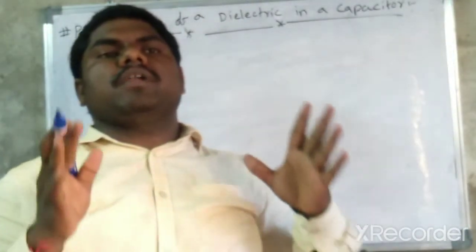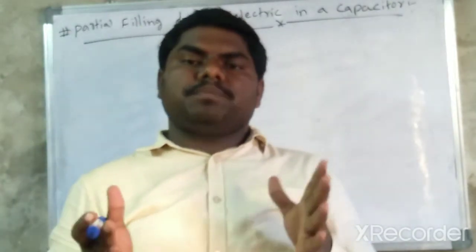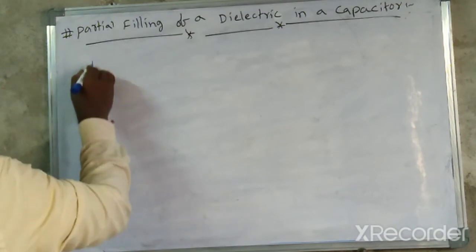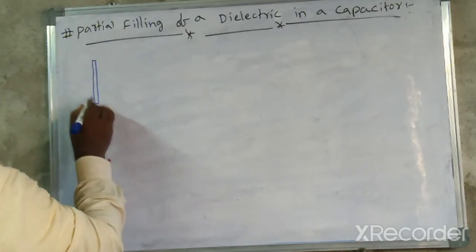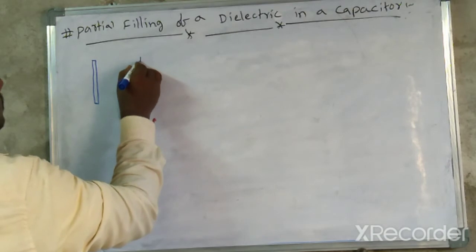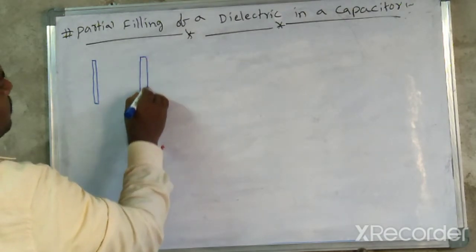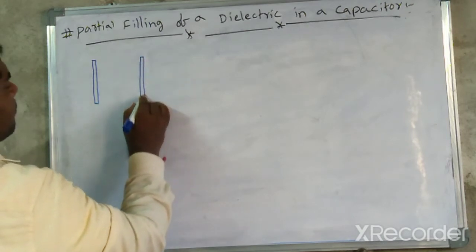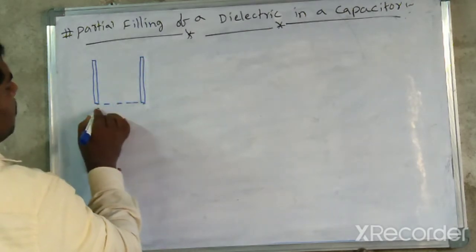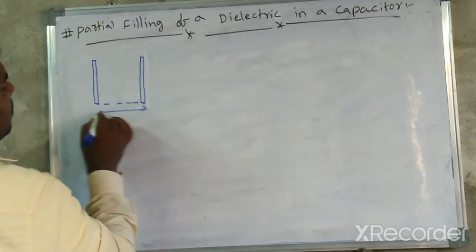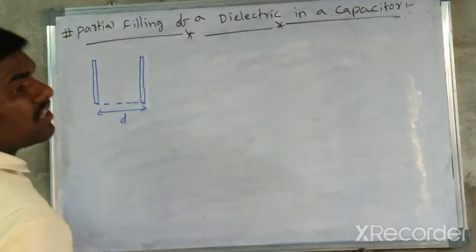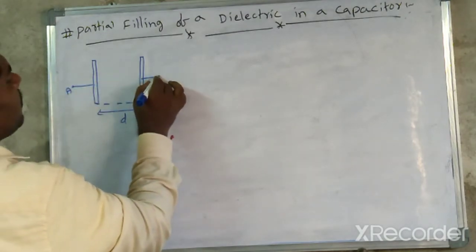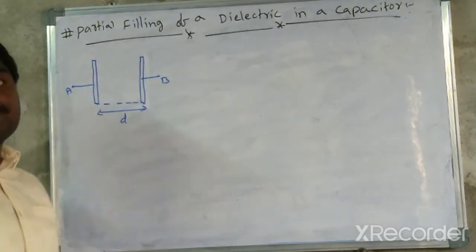Here I take one plate, and the separation between the two plates is distance D. This is the other plate. The thickness of the two plates is the same, and the separation distance between them we consider D. This point is A and this one is the B point.